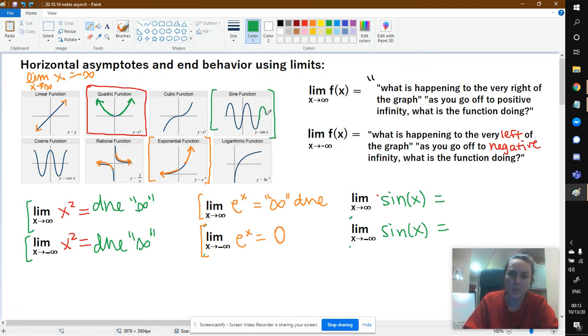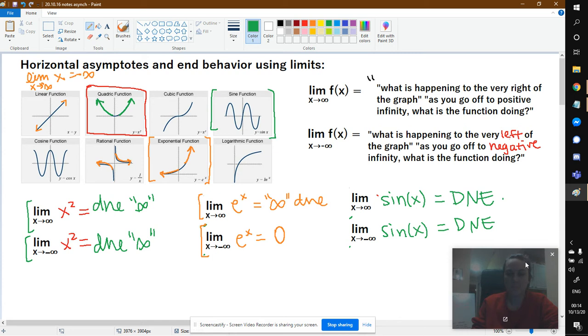What's really happening is that it's bouncing forever. It doesn't get closer to 0 or negative 1 or 1 because it's constantly oscillating between them. So this does not exist because it's not getting closer to any one thing.